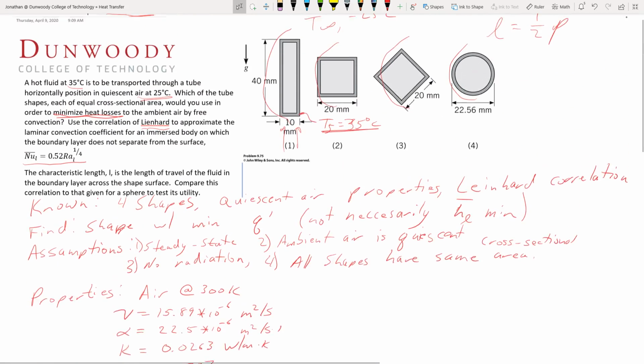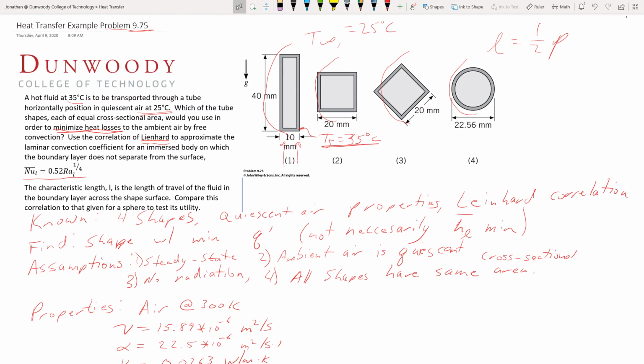So looking at these guys, half our perimeter. Well, what do we get? If I just take from here to there, I get 50 millimeters for that guy. This one is 40 millimeters, same as this one, 40 millimeters. This one gets a little more tricky, right?